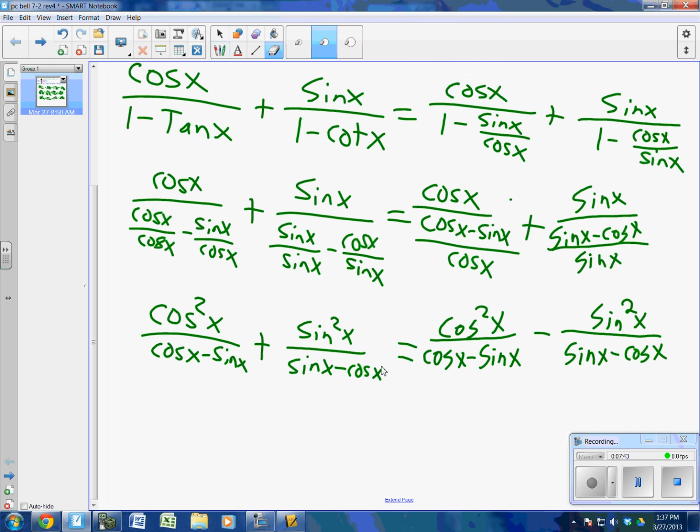Oh, I was looking at the wrong one. Sorry, I switched those two around. Now it's going to be cosine of x minus sine of x, right? Because I factored out a negative 1, so it made that negative, and it changed the signs of these, so this is now a positive cosine and a minus sine, so it's the same denominator as that one. Now I have common denominators, right?